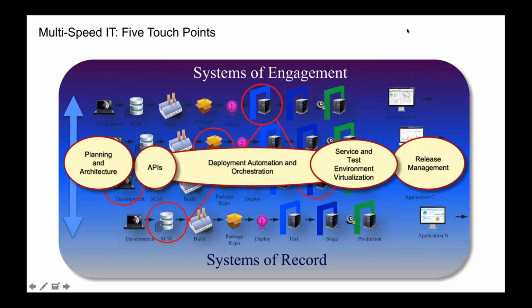If we look at this picture, I've called out a set of areas: planning and architecture, the APIs, deployment and orchestration, testing and release management. And all of these are key areas where there is no real difference what platform you're deploying to. You need to be able to do this with a single view. So if my application spans numbers of platforms and numbers of environments, I need to be able to push a button and deploy the whole thing.